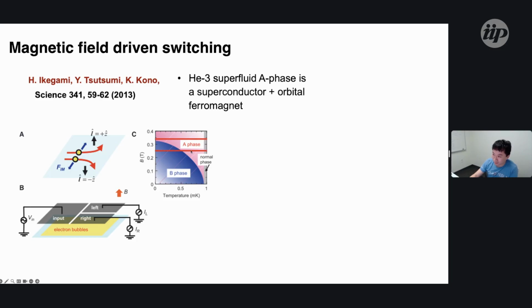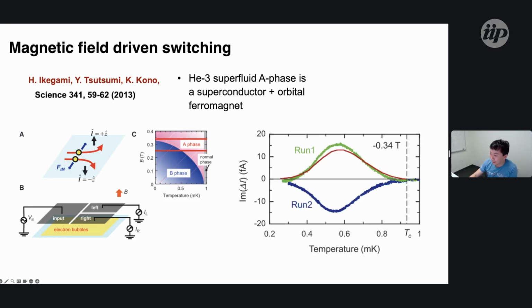They cool down through the A phase, and then depending on how they train the orbital magnetic moment, they can see the deflection of the electron either upwards or downwards. Right, this magnetic-field-driven switching is the most direct evidence people found to confirm that the helium-3 A phase is an orbital ferromagnet, hence a chiral superfluid.